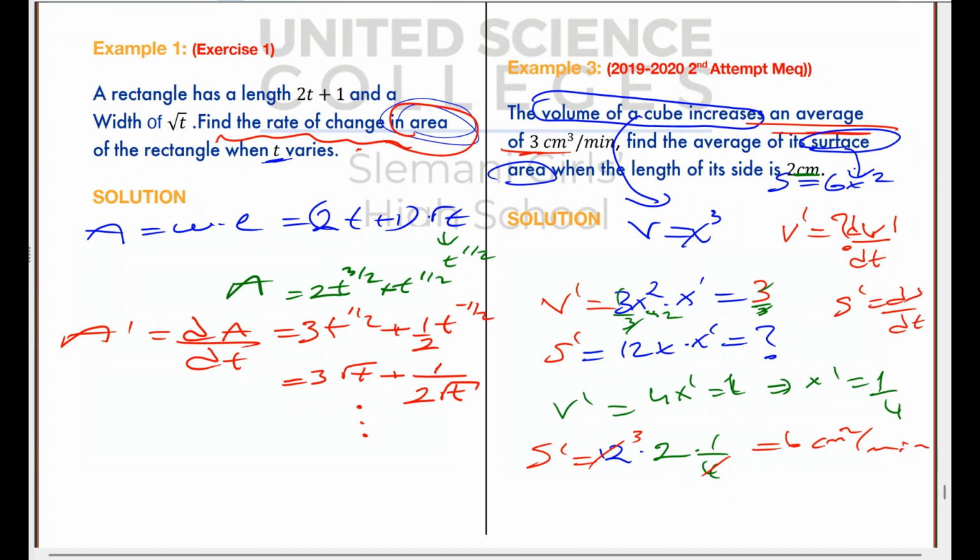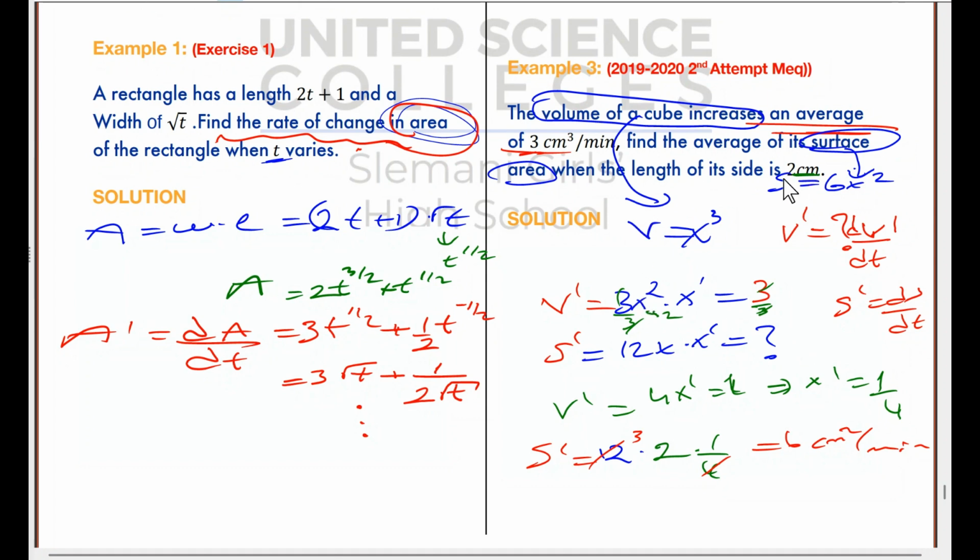Okay, it looks complicated since we have 2 different equations, but actually it is not. We just need to know their formulas. We know the formula for the volume of a cube, which is x cubed. We also need to know the formula of its surface area, which is 6x squared. So we just take the derivative of each. When we take the derivative of volume, we have 3, it's given in the question, but when we take the derivative of surface area, we know nothing.